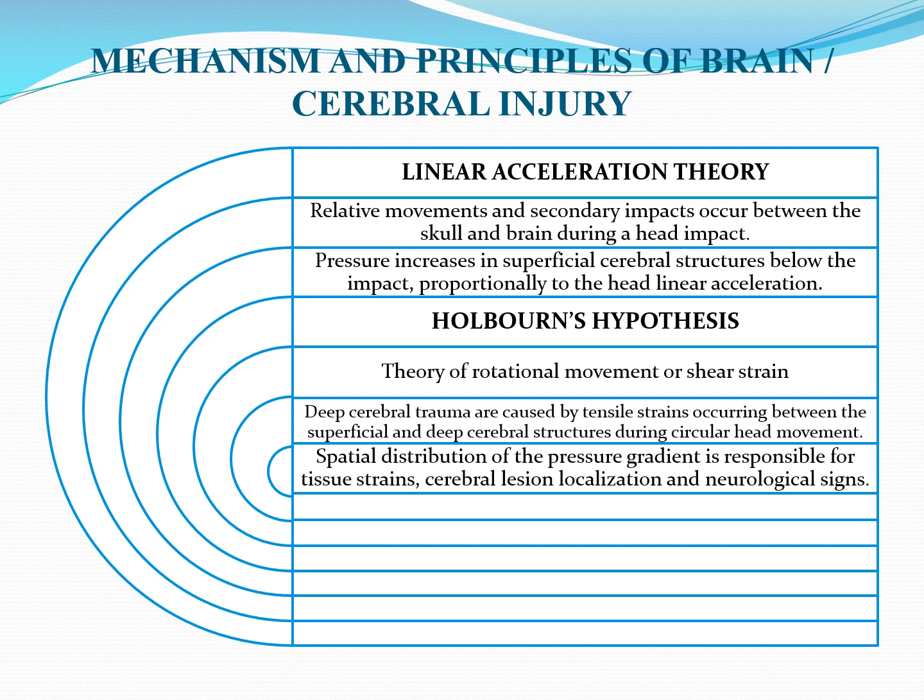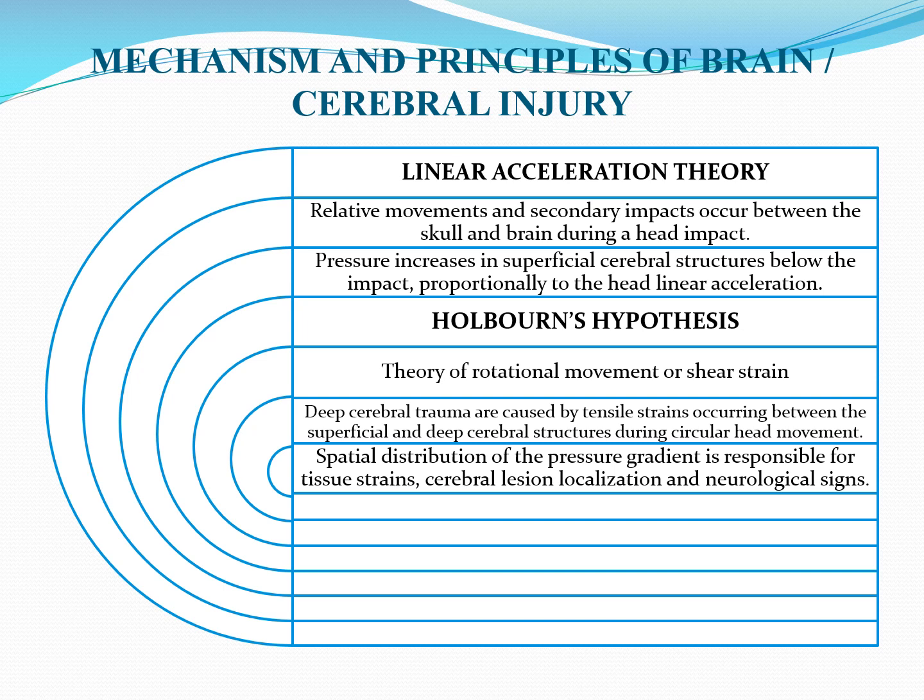Then the second, the Holbourn hypothesis, was proposed in 1943. According to this theory, the rotational moment or shear strain is the basic principle which produces the brain damage. Accordingly, traumatic brain injury, especially deep cerebral trauma, is caused by tensile strains occurring between the superficial and the deep cerebral structures during circular head movement.